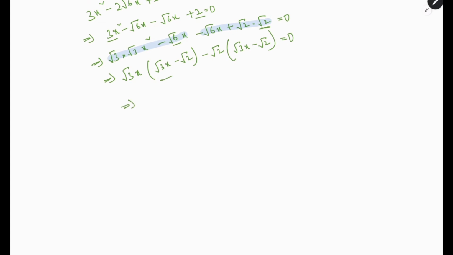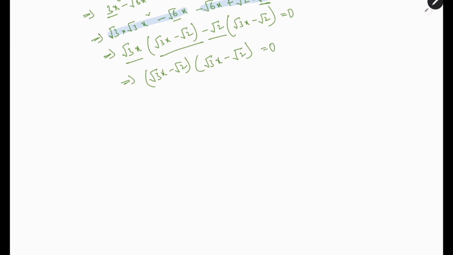Here this term, root 3x minus root 2 into root 3x minus root 2, root 3x minus root 2 equal to 0. See, here these two terms are same, these two terms are same, so we will find out the value of x.